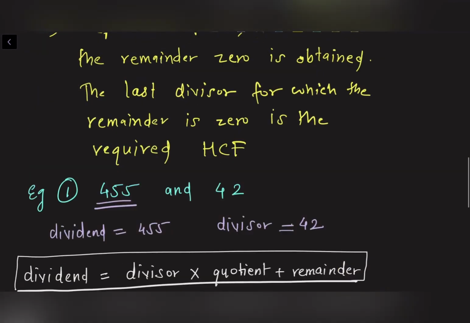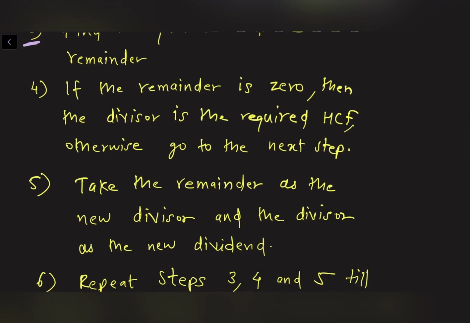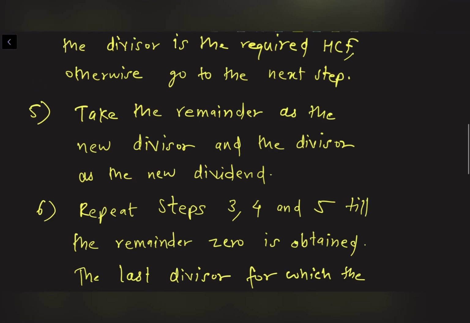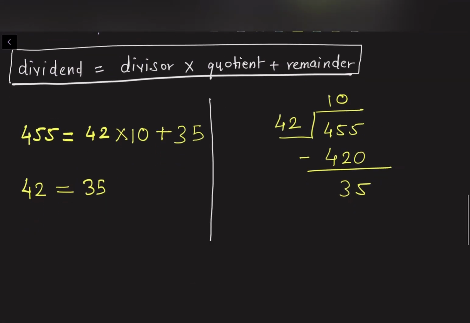See, what is the step? Take the remainder as the new divisor and the divisor as the new dividend. That means the remainder is going to become the new divisor. So this is the place of the divisor, and 42, which is the divisor, will become the new dividend.